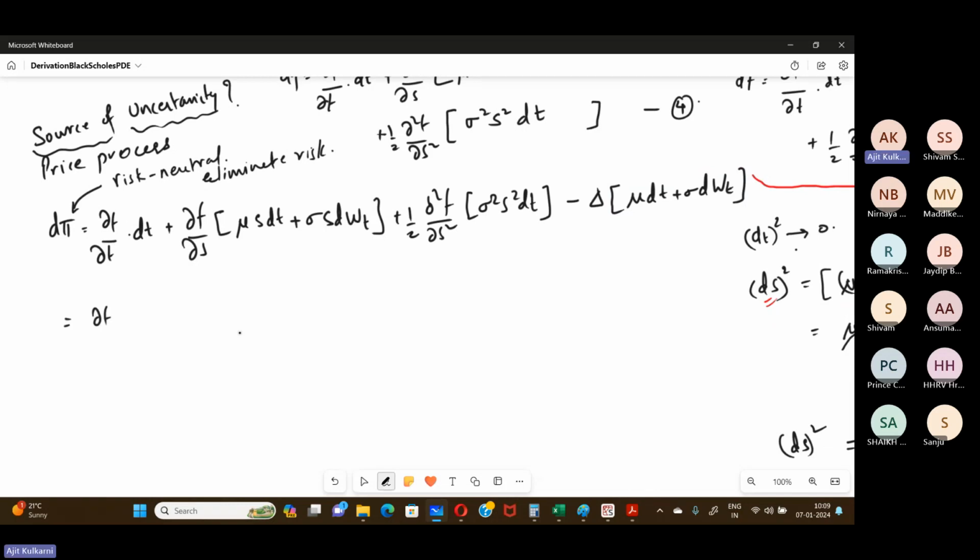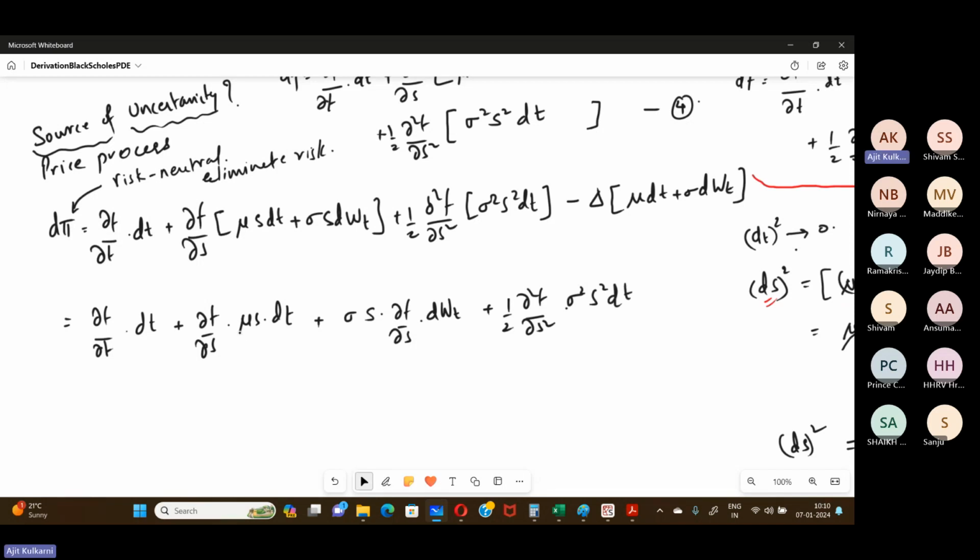So if you have dou f by dou t into dt plus dou f by dou s into mu s dt, plus sigma s dou f by dou s into dWt, plus half of dou square f by dou s square into sigma square s square dt.